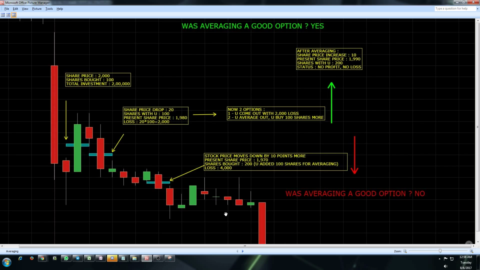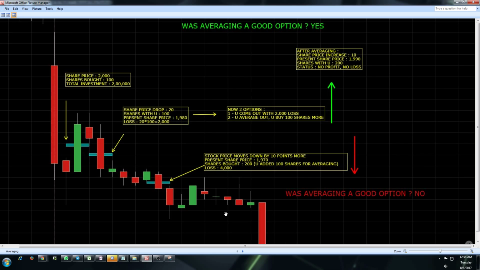The point is you are taking a risk where either you have a chance of coming out cost to cost or even in profit, which will be good, obviously, and also a risk of going more into losses. So the decision is yours, guys, because this is a never-ending topic, a never-ending discussion.